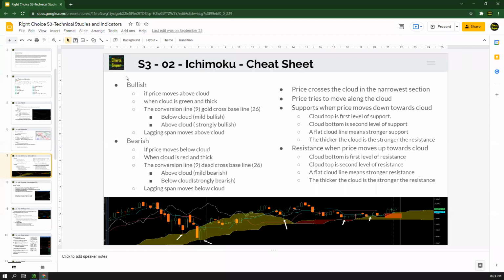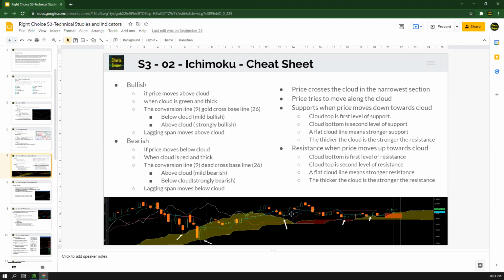So when is a stock bullish? Bullish is if the price moves above the cloud, and when the cloud is green and thick into the future like this. If you want to add more checks for bullishness, you can say that the short-term conversion line crosses above the long-term slow-moving line.